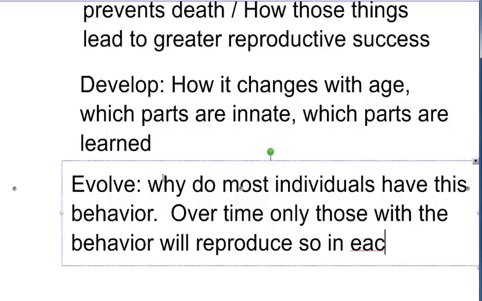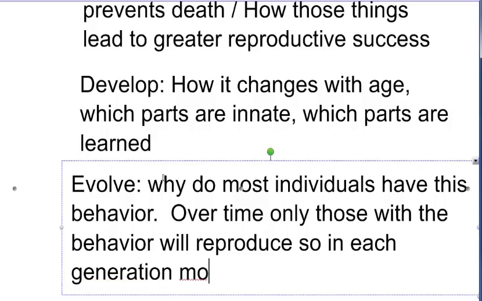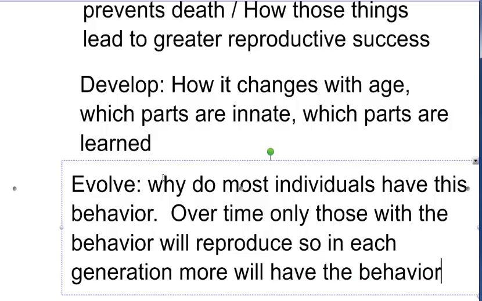So in each generation, more will have the behavior. Now that's a generic answer, but you want to apply it to the animal. So in this case, more caterpillars will reproduce. In the next generation, more caterpillars that eat toxic plants when infected will be born. And the ones that don't eat the toxic plants, when they get infected, they just die off and they never have a chance to reproduce. So over a long period of time, eating toxic plants becomes common in every member of the population.